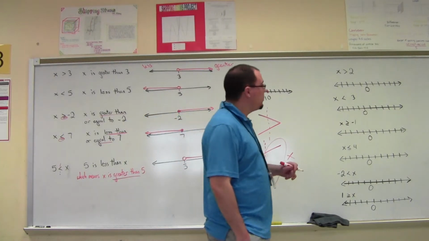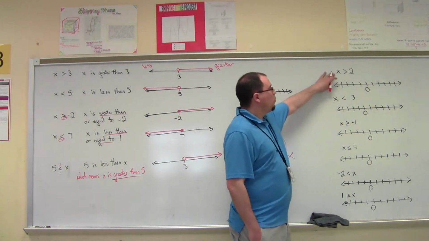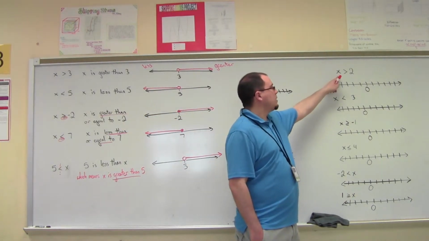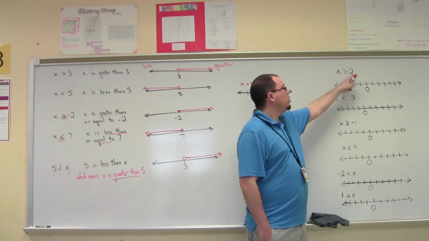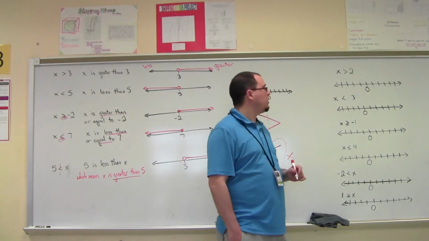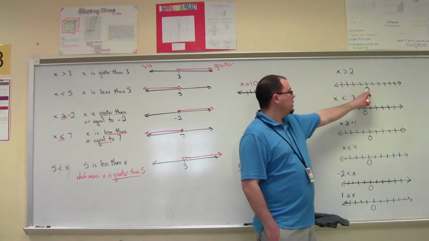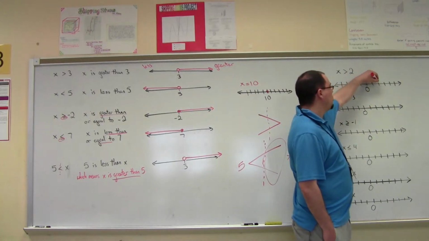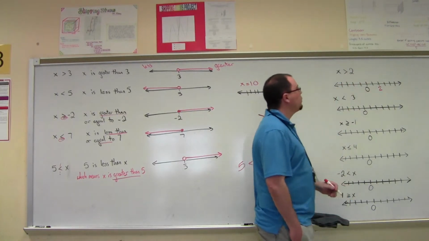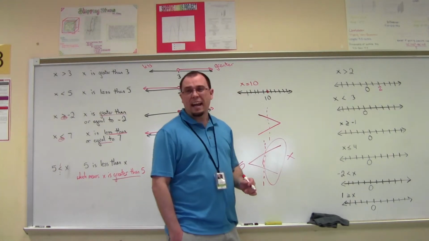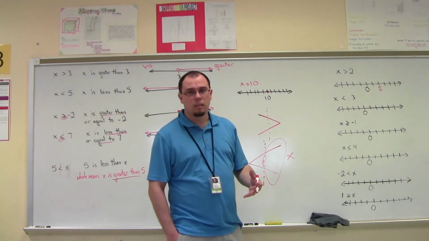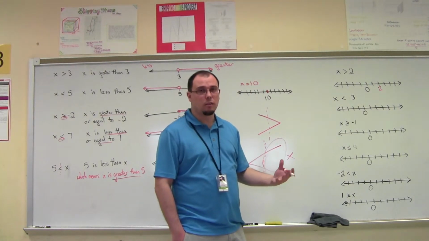The first example we have, hopefully you're able to read this as x is greater than 2. So x is greater than 2. So we have 0 right here, so we count 1, 2. Here's 2. We want to find 2 on the number line. X is greater than 2. So is that open circle or closed circle?